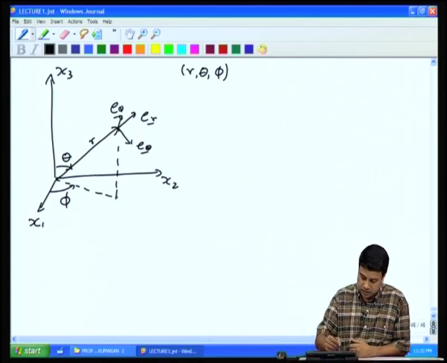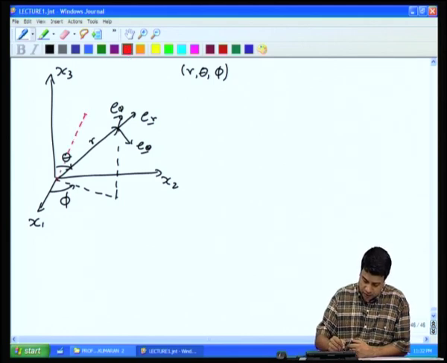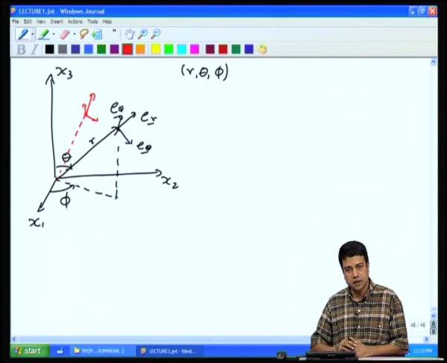So, if I go to some other location here, the unit vectors are in different directions. So, the unit vectors do depend upon location.